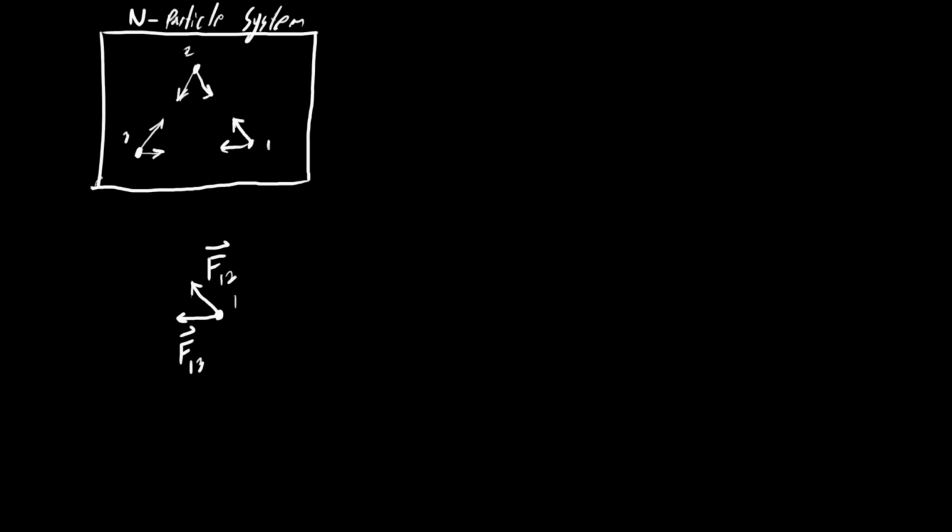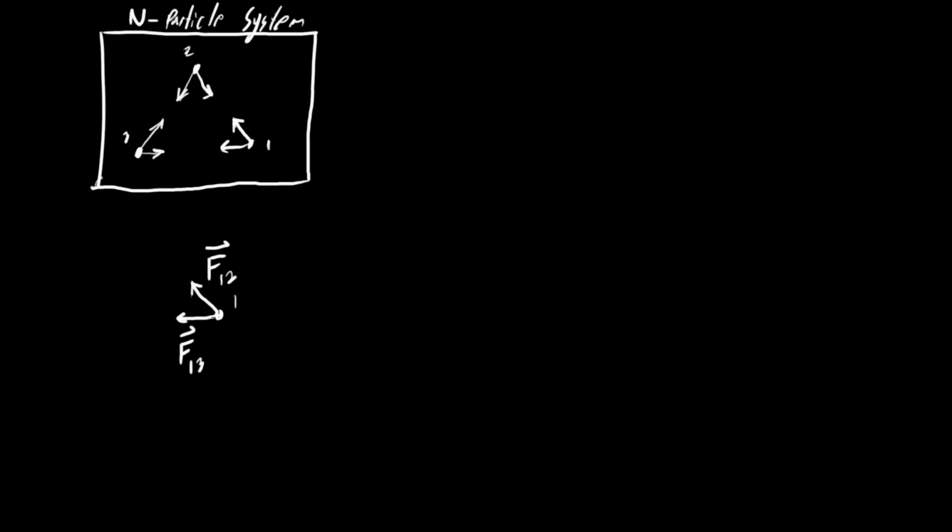The first index is the actual particle that we're interested in, and the second one is which particle is causing that force, which is 2 in this direction, and 3 in this direction.